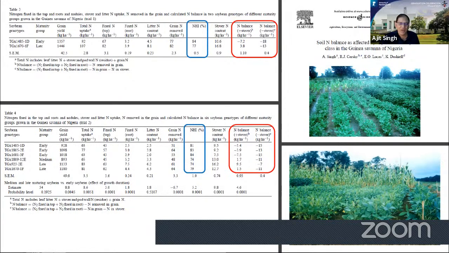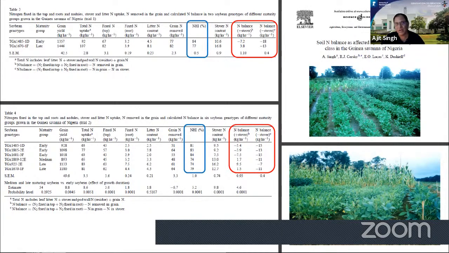Soybean is a very efficient crop. It has a very high protein content, more than 40%. It's able to harvest 84% of the total nitrogen in the plant, moved to the grain. That's what nitrogen harvest index means.